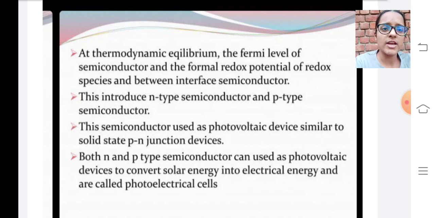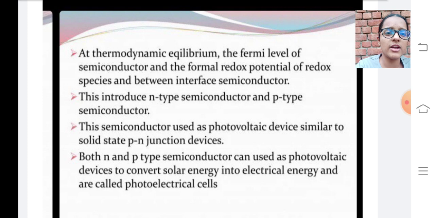This introduced N-type semiconductor and P-type semiconductor. This semiconductor is used as a photovoltaic device similar to solid-state PN junction devices. Both N and P-type semiconductors can be used as photovoltaic devices to convert solar energy into electrical energy and are called photoelectrochemical cells.